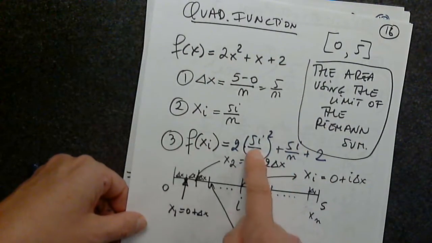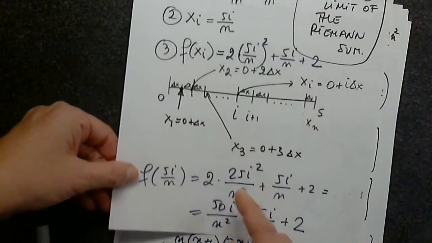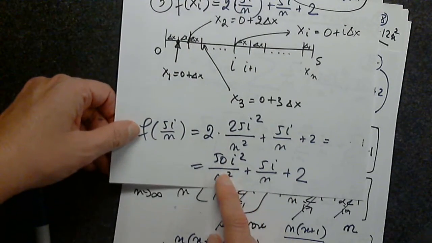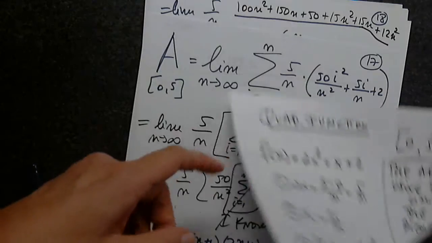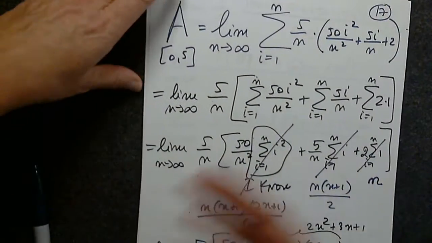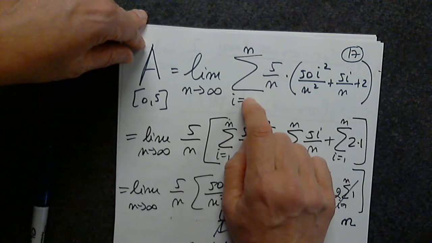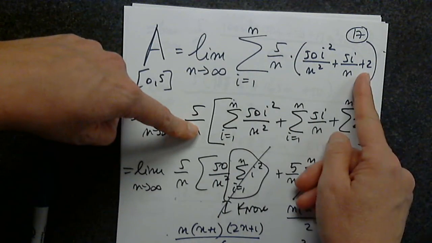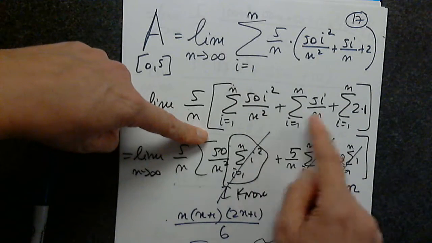Here's our function: 2 times xi squared plus xi plus 2. We squared because we had to, over n squared. We had to multiply by 2. We got 50i squared, 5i over n plus 2. Putting all these together, we come up with the limit of the Riemann sum. Then all we do is manipulate algebraically and apply the properties of the summation notation. We put the constant in front, we separate into 3 summations, and we simplify each by taking the factor in front.